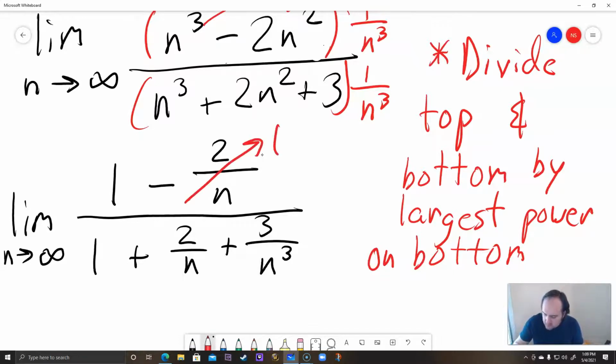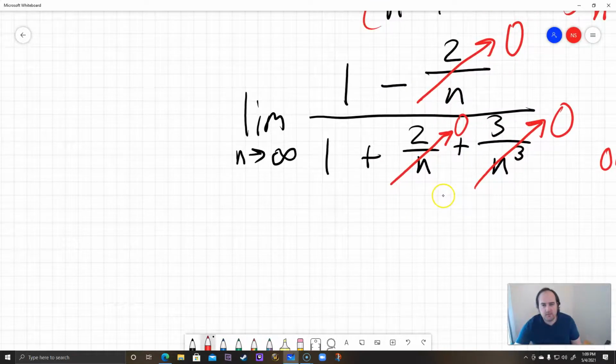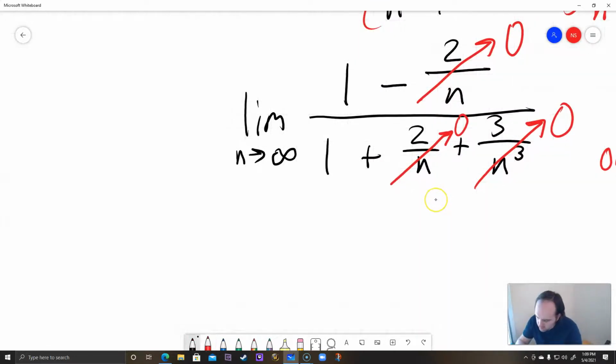So this one goes to 0, the 2 over n on the bottom goes to 0, and the 3 over n cubed also goes to 0. So our limit is actually going to be the limit as n approaches infinity of 1, which is just 1.